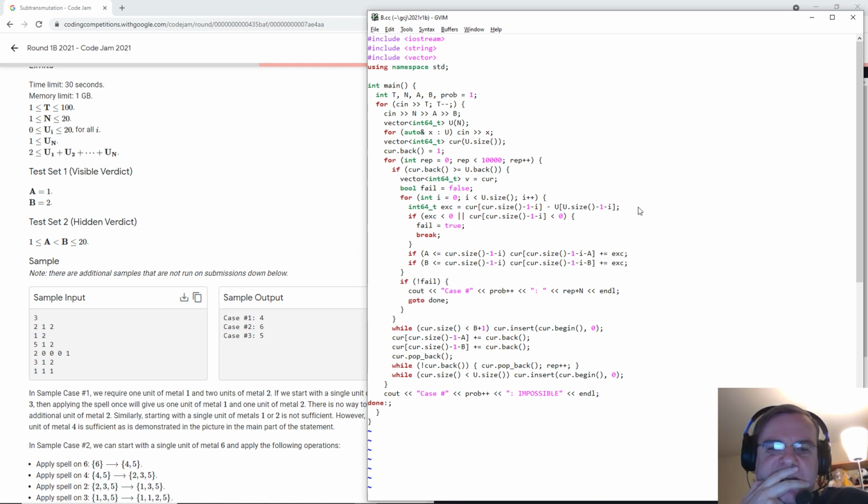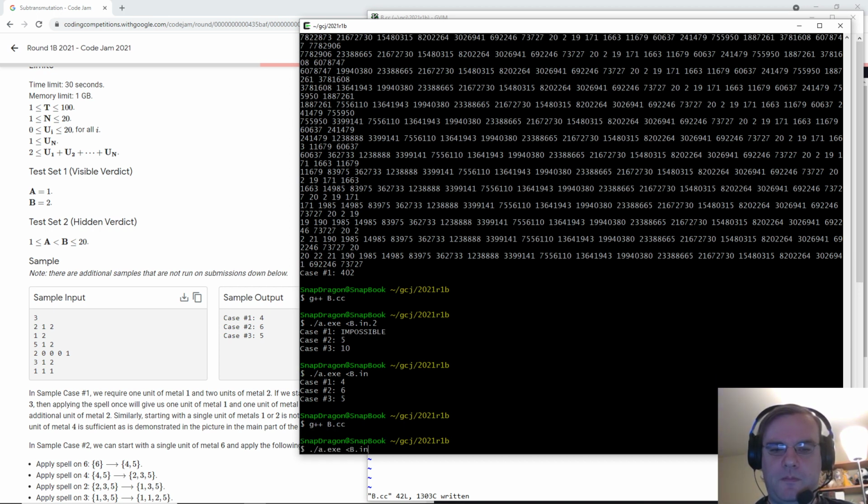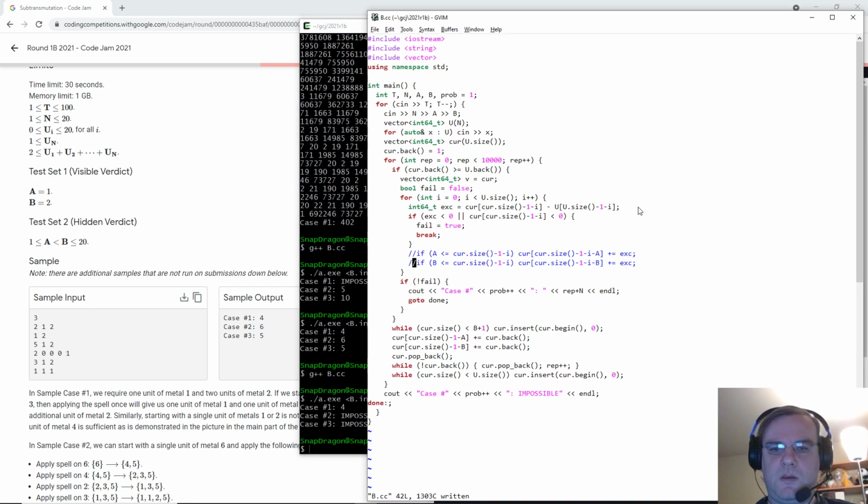So what is a test case that actually tests? So what happens if I do this? Do I fail b.in? Yes. That's interesting. I actually get that it's impossible. Right. I'll only ever have two metals at a time.